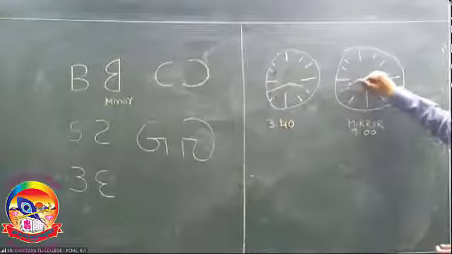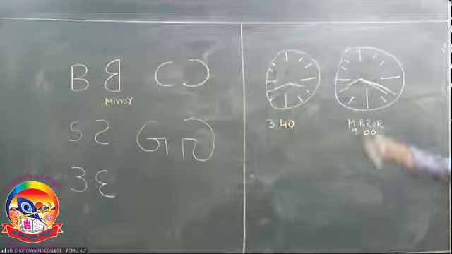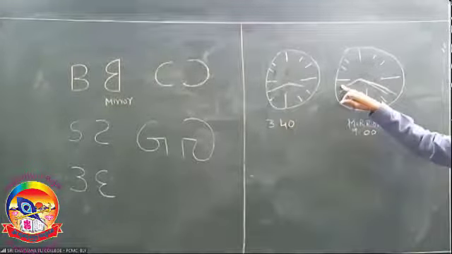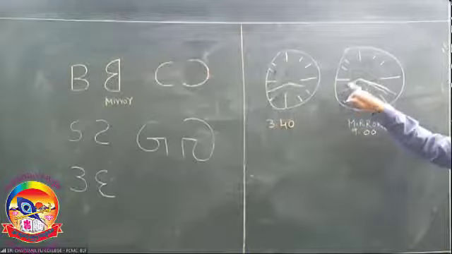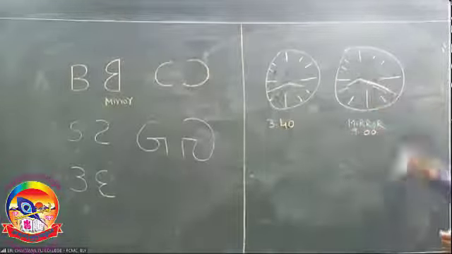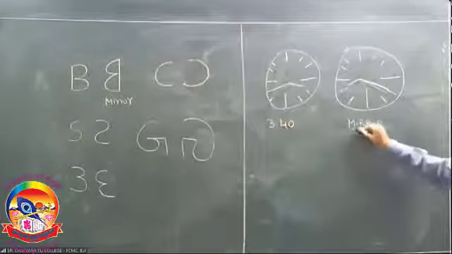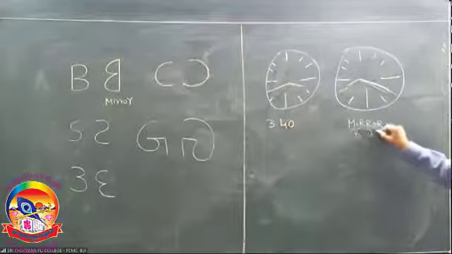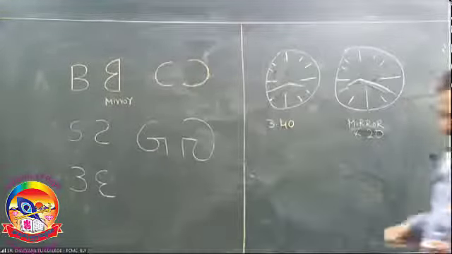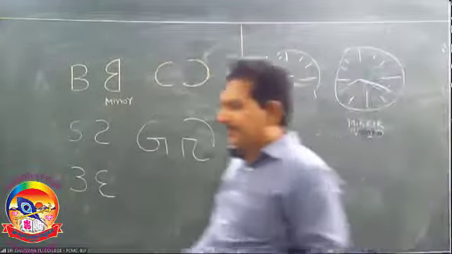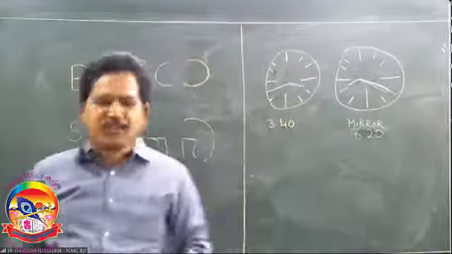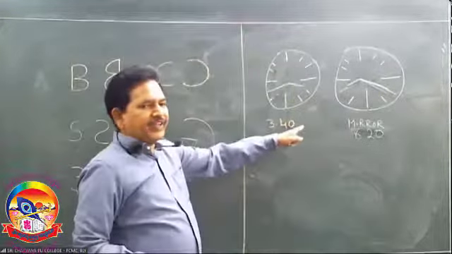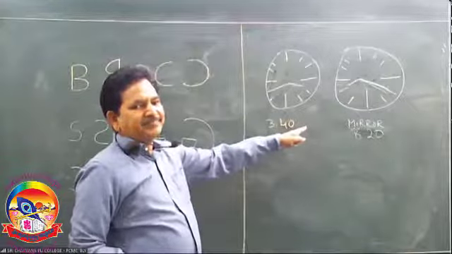Now what is the time? The time is nothing but already it crossed 8. This must be 8:20. In the mirror, the time is 8:20. Actually, the time is 3:40.